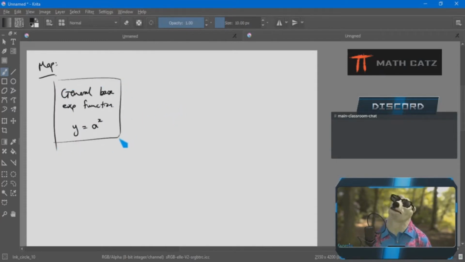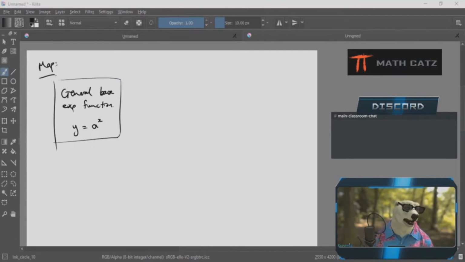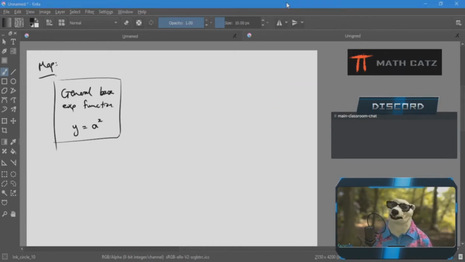We tried finding the derivative by way of the limit definition. We kind of got stuck. And what turned out helping us was this wonderful and weird number e.